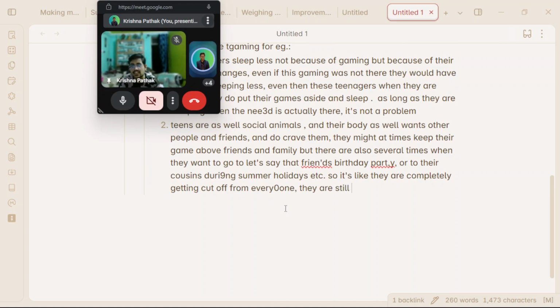They are still interacting with other people. Okay.